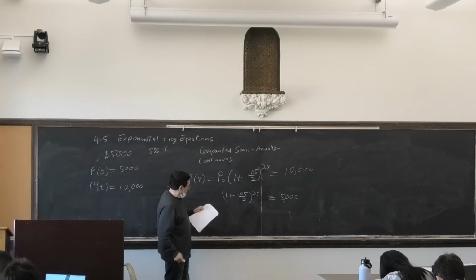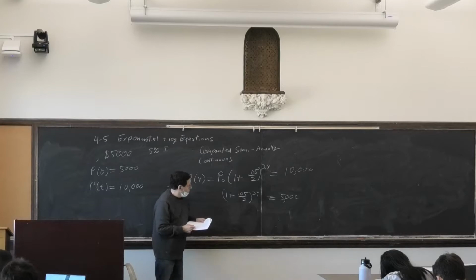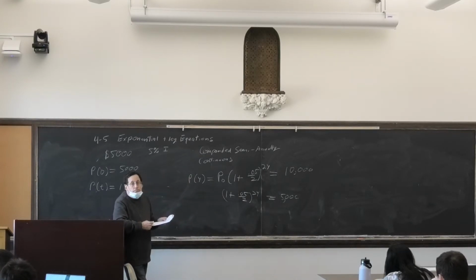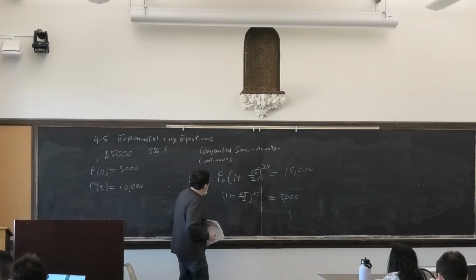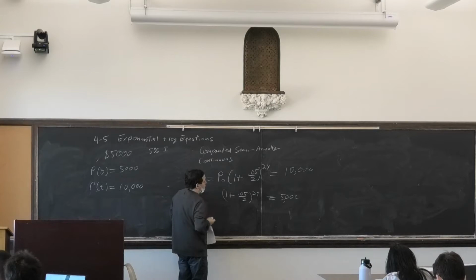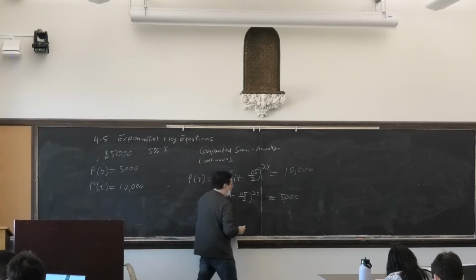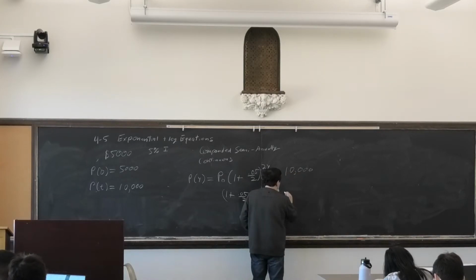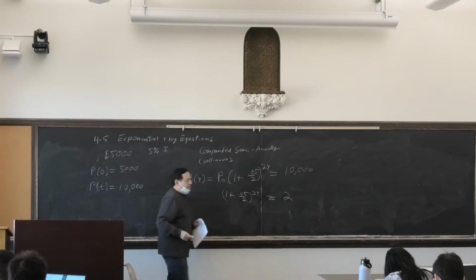What are we going to do about that? For the initial, which is 5,000, we're dividing that into 10,000, or are we subtracting? Did I mention I'm going to make a lot more mistakes today than usual? Yeah. Thank you.